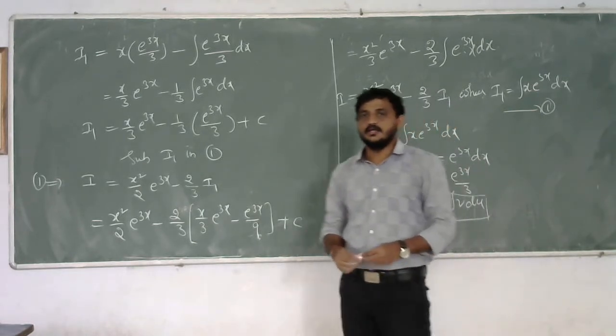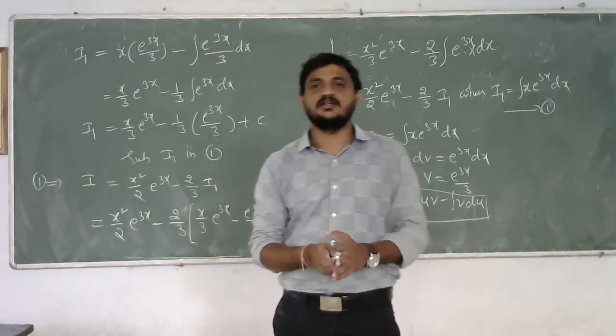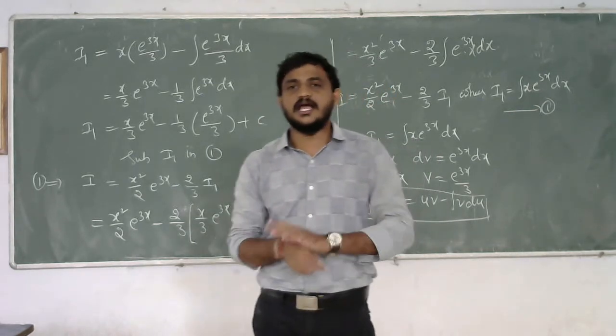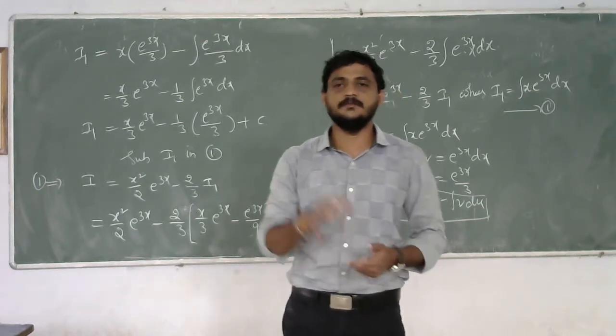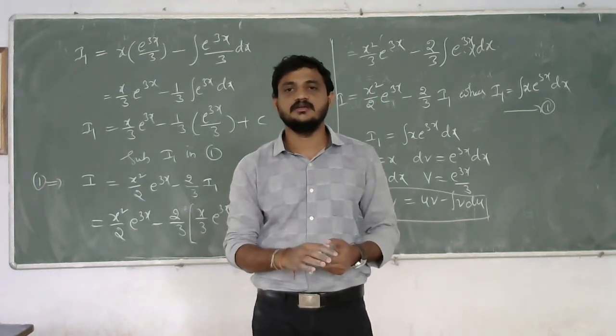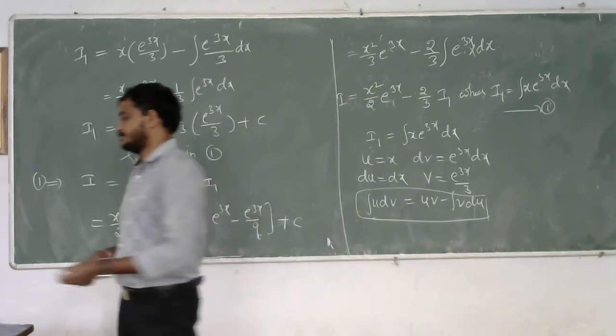Clear? If an exponential function and an algebraic function are there, then by using the order I gave, you have to take the algebraic function as u first, then the remaining two terms as dv. Okay. Let us see one more problem.